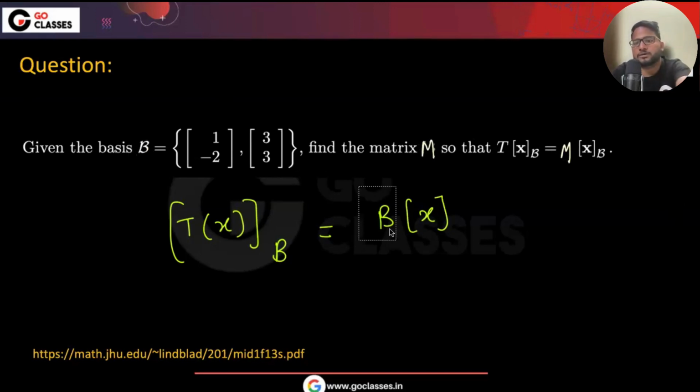Let's just do this question. This is straightforward, I think, right? So they are saying that there's a matrix M which takes X in B and does the transformation, and the final transformation is also in B. And what is the transformation?